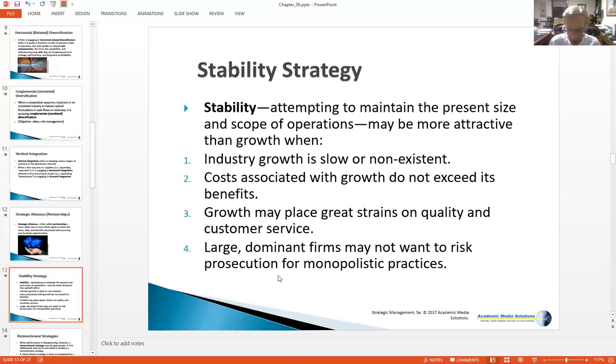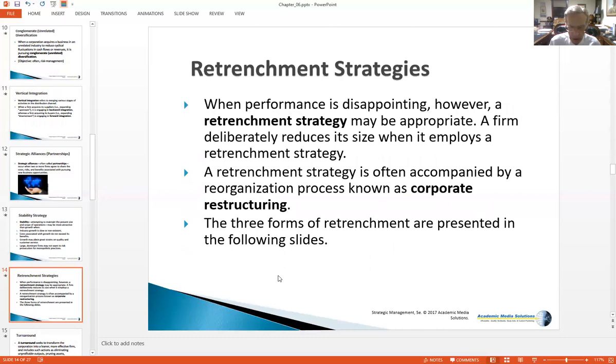That certainly can be a problem. But as I say, stability strategies are quite rare, and when they occur, they're usually followed by related diversification.